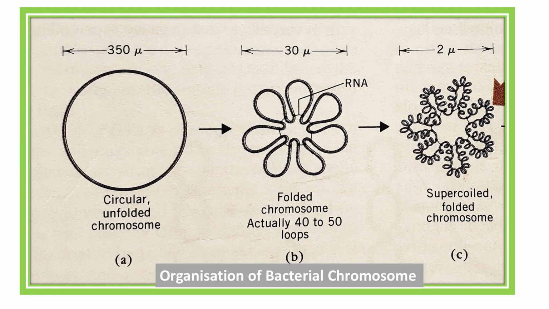Now, in this slide what I have shown is a circular DNA. In its circumference it measures about 350 micrometer, but when it is folded into around 40 to 50 loops, it gives rise to a 30 micrometer circumference, and subsequently when each loop is further supercoiled, its diameter comes to around 2 micrometer.